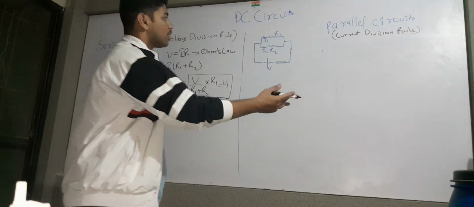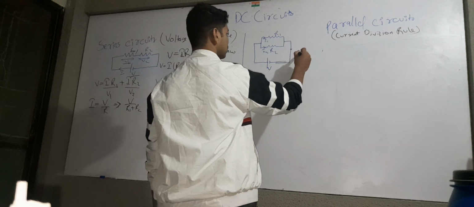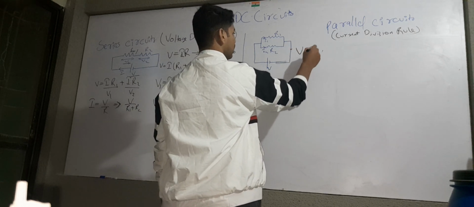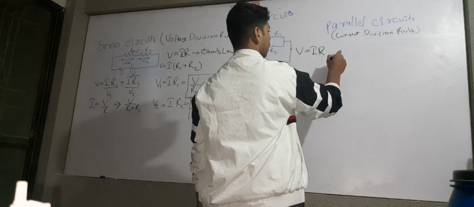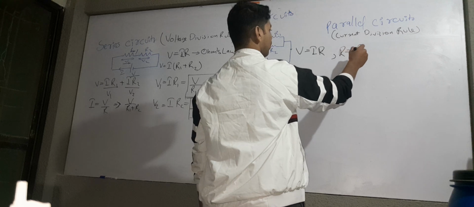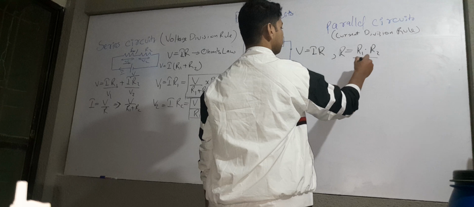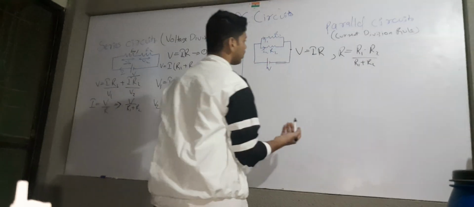Let's move on to current division rule. So again we go here, V is equal to I R, and R here is R1 into R2 by R1 plus R2, since it's a parallel circuit here.